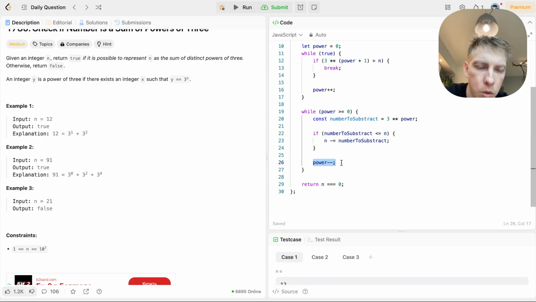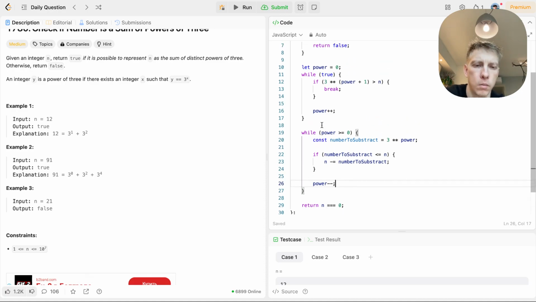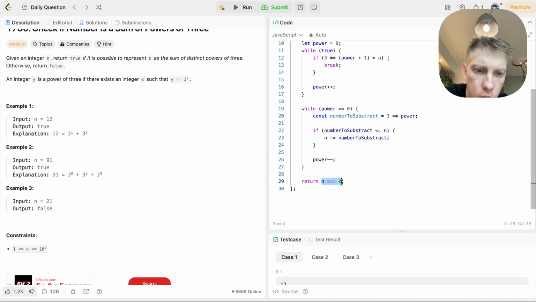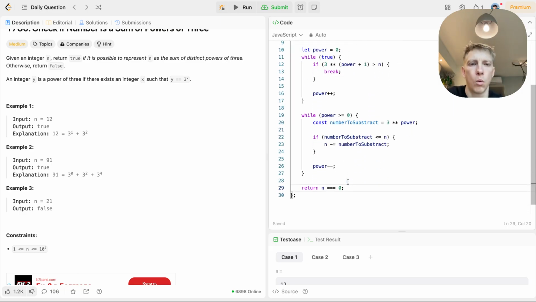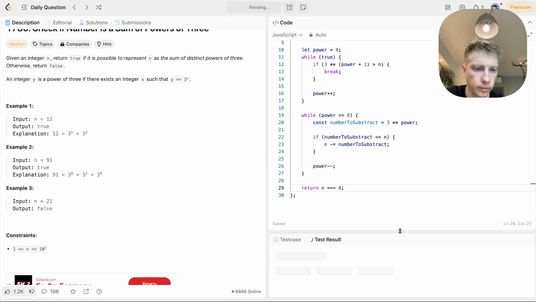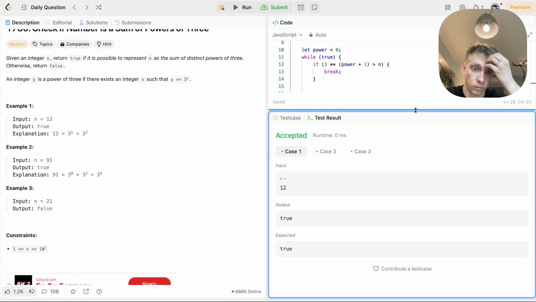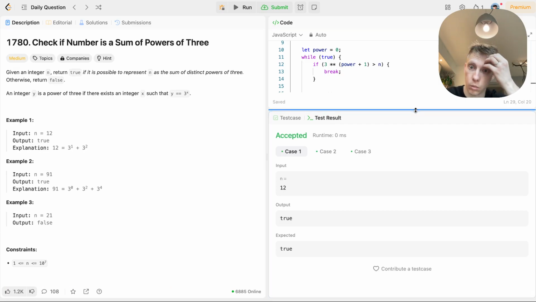After that, power is 1, which is bigger or equal to 0. Then we're subtracting it, n is 0. Okay, we could break earlier, but I want to keep it simple. And after that, we're just checking that nothing is remaining. Let's try. Yes, it works.